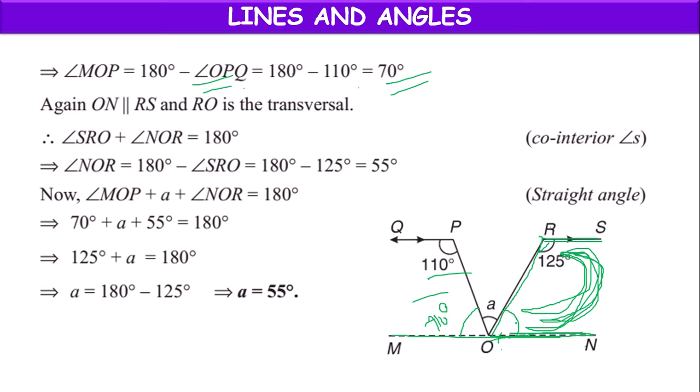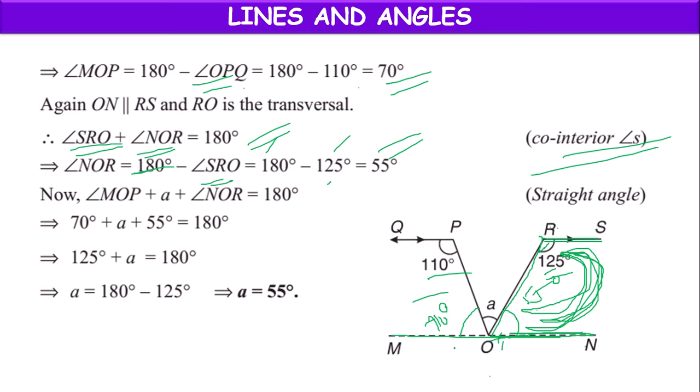So NOR and SRO sum will be equal to 180 degrees. So NOR equals 180 minus SRO. This SRO angle value they have given as 125 degrees. 180 minus 125 degrees is equal to 55 degrees. So we have got this angle as 55 degrees.